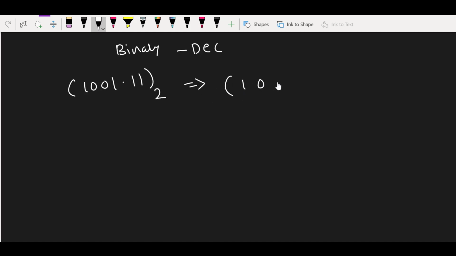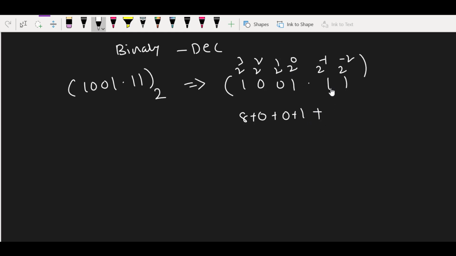First we have to write the individual position weights. This will be 2 power 0, 2 power 1, 2 power 2, 2 power 3, 2 power minus 1, 2 power minus 2. If you write it here, 1 into 2 power 3 will be 8, plus 0 into 4 will be 0, 0 into 2 will be 0, and 1 into 2 power 0 will be 1.